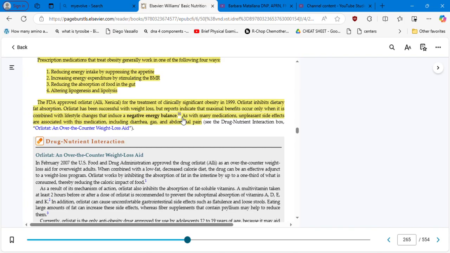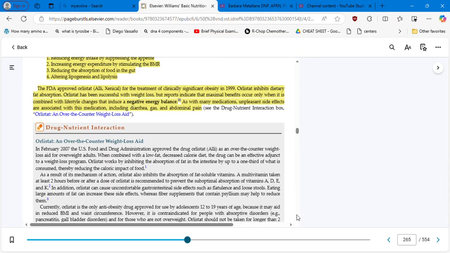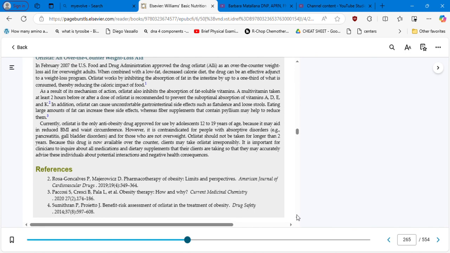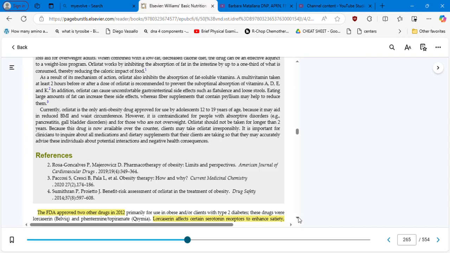So in other words, lifestyle habits, behavior. As with many medications, unpleasant side effects are associated with this medication, like diarrhea, gas, and abdominal pain. Now, here you have a very nice article about Orlistat that you can go deep and read.